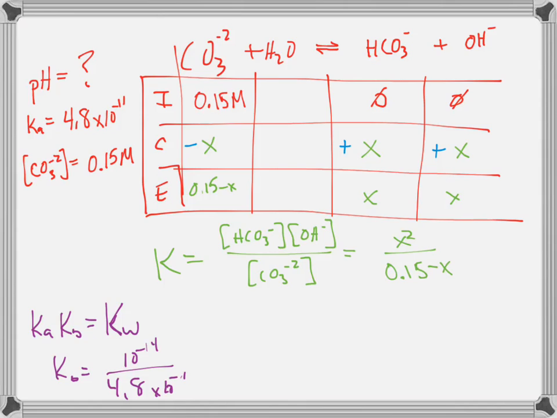We can now plug it into our equilibrium expression, and we could solve for x. In the process of solving for x, I think that's an 11. Okay. What do we get for a Kb?